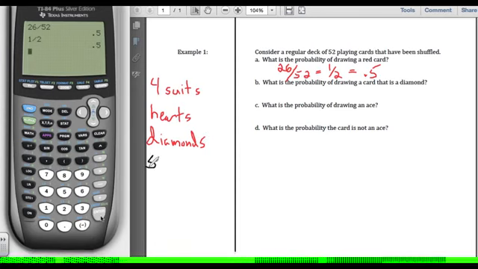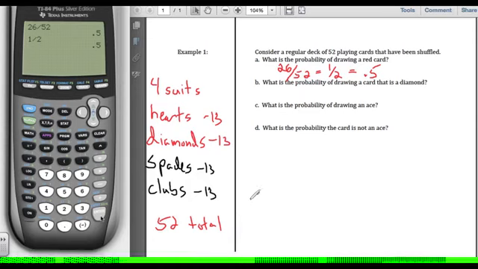And then there are spades and clubs, which are black cards. And there are 13 in each of these suits. There are 13 hearts, 13 diamonds, 13 spades, and 13 clubs. If you add all of these 13s together, that gives you 52 total. So that's how I knew this probability would be 26, the 13 and the 13 here make 26, divided by the 52 total, gives me my probability.